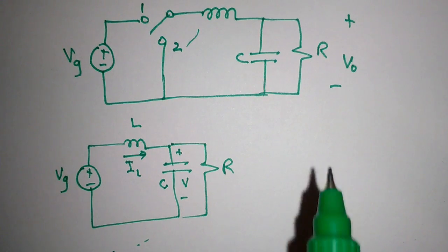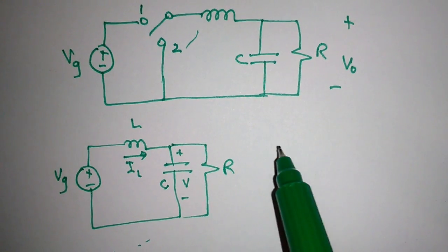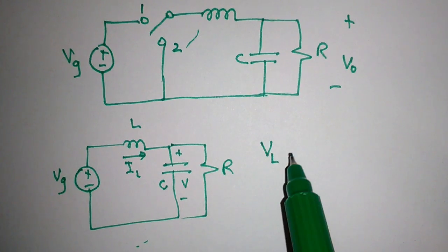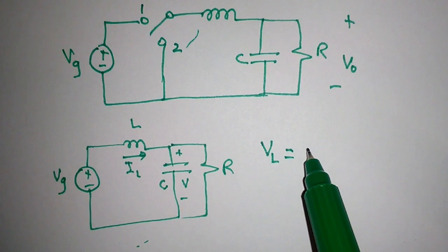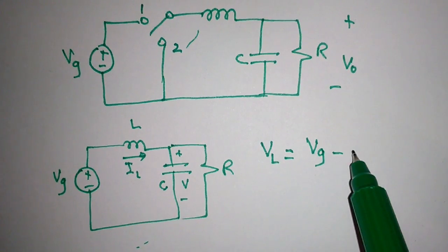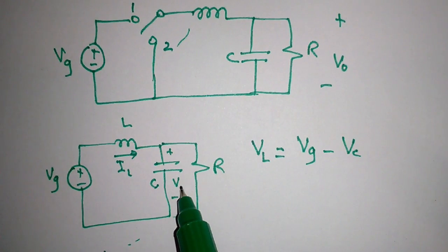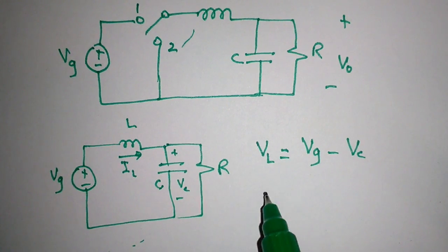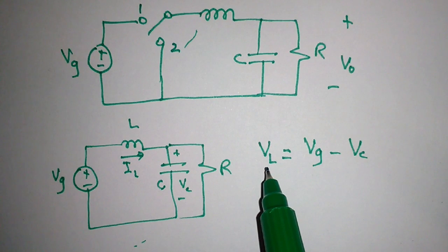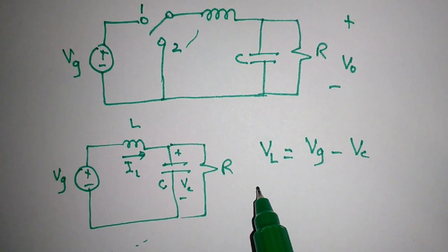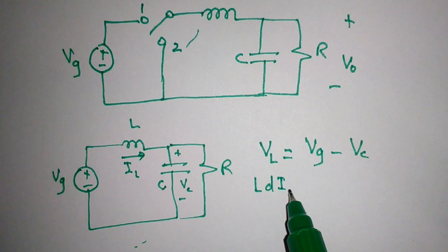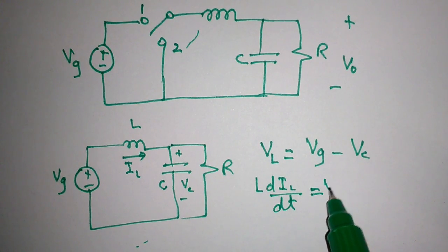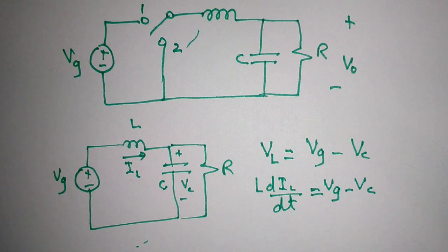So at position 1, the voltage across inductor is equal to Vg minus Vc, right? And we know that VL, or the inductor voltage, is equal to L dIL by dt, that is equal to Vg minus Vc.